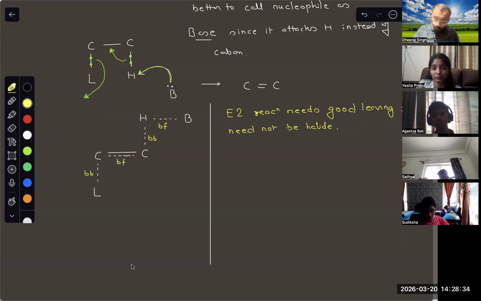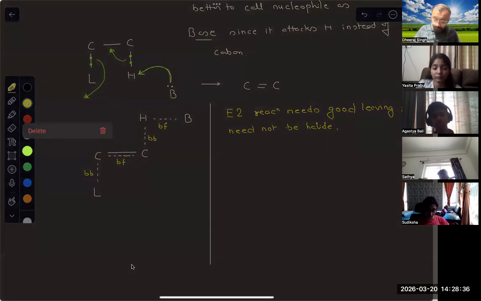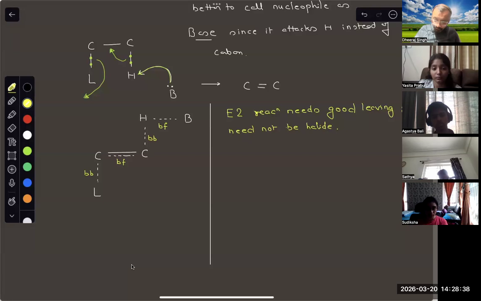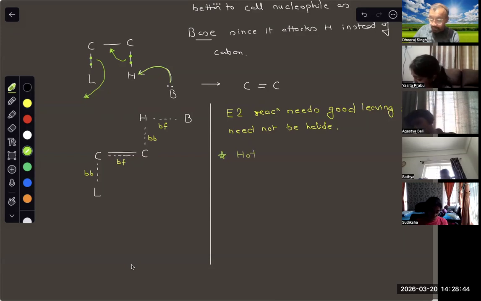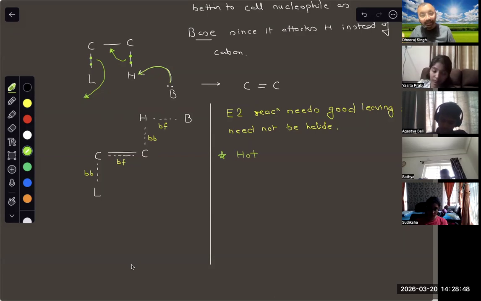Okay. So what are the reagents here? What kind of bases are there? Please write down: hot alcoholic solution of KOH. That is the reagent that tells you E2 is going on.